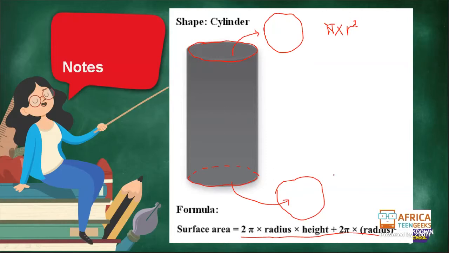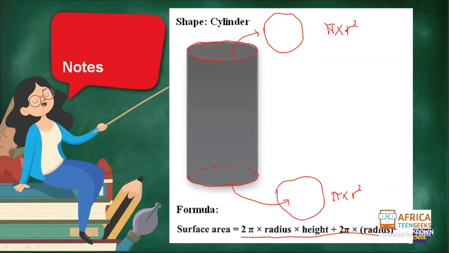There's two, so there's two areas. With this one, it will be the area of this bottom circle, pi times r squared. I think so far so good.